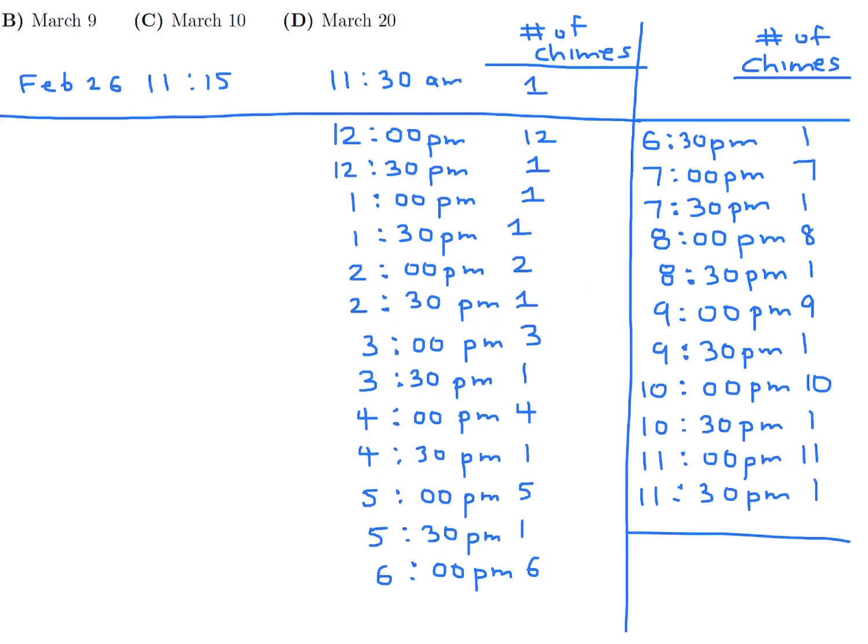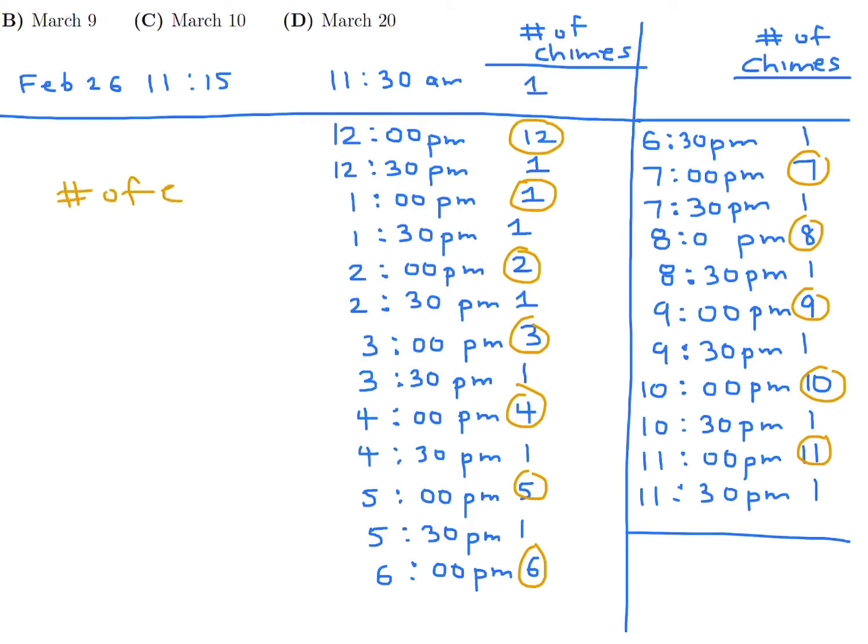So here is the big long table of all the chimes. So first let's count the chimes for the hours on the hour. We've got 1 p.m., 2, 3, 4, 5, 6, 7, 8, 9, 10, 11, and then the 12 is all the way back there. So basically the number of chimes, if you were going to add them up, would be 1 plus 2 plus 3 all the way up till 12.